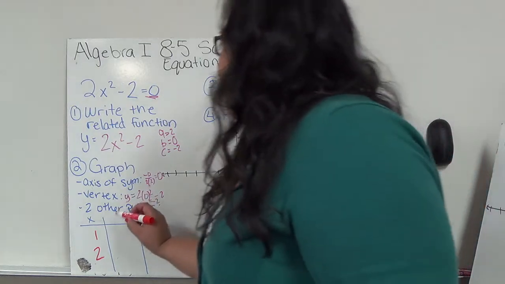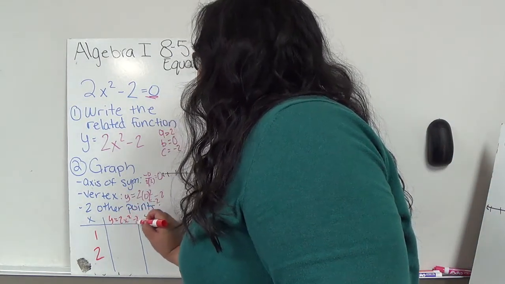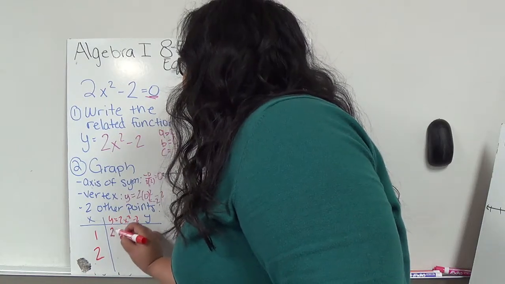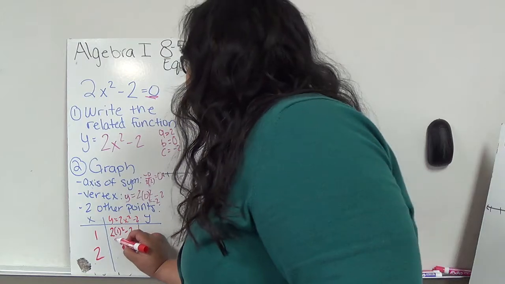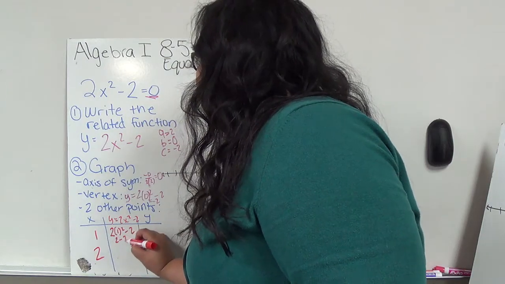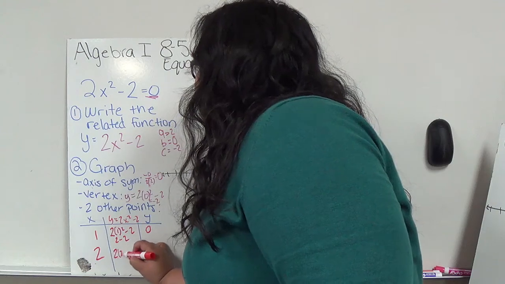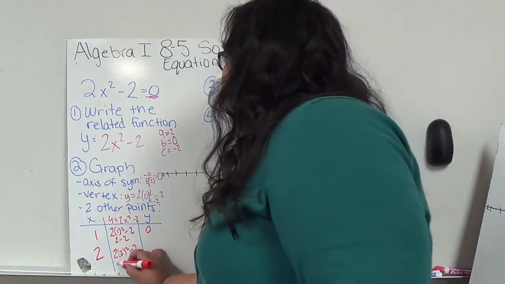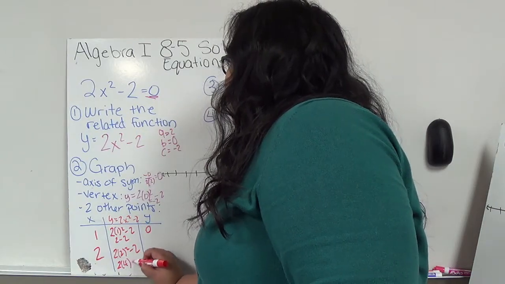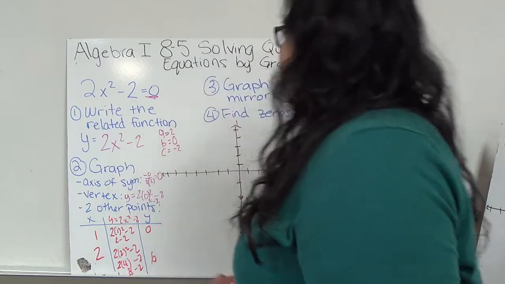So I'm going to plug them into y equals 2x squared minus 2. 2 times 1 squared minus 2 is 2 minus 2, which is 0. And then 2 times 2 squared minus 2. Remember that squared only applies to this first 2. So it's 2 times 4 minus 2, 8 minus 2, which is 6.